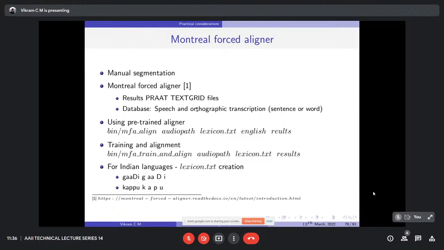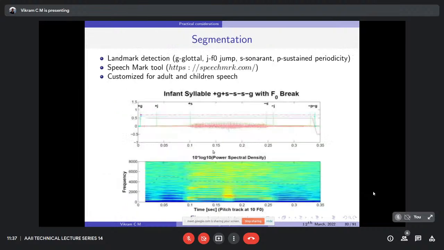Most of the time, clinical speech analysis is at the phoneme level. For example, if you are analyzing vocal disorders or voice disorders, then we need to segment out the vowel regions, that is a, e, u, these kinds of vowel regions. To do that segmentation, we can directly use the pre-trained Montreal forced aligner models.